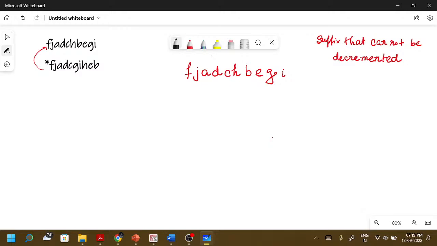Now we have it like this. From here we'll see if we can decrease it. First I to G is decreasing, so it's fine. Then we see if this is decreasing. Again it is decreasing, G to E. Then again it's decreasing. But B to H fails, because B to H is increasing.